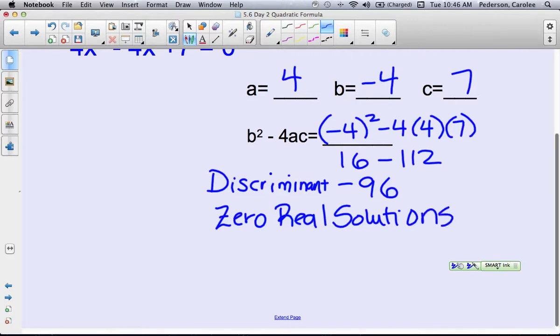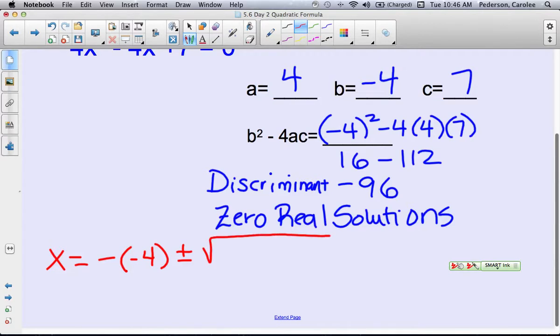And in this question, it asks us to go out and find the solutions using the quadratic formula. So we're going to use the quadratic formula. We've already identified our a, b, and c. So it's negative b plus or minus.